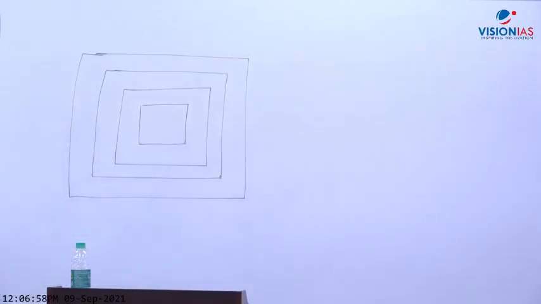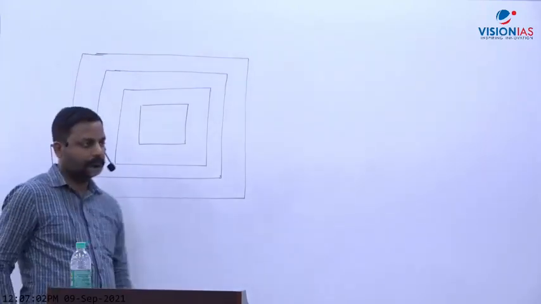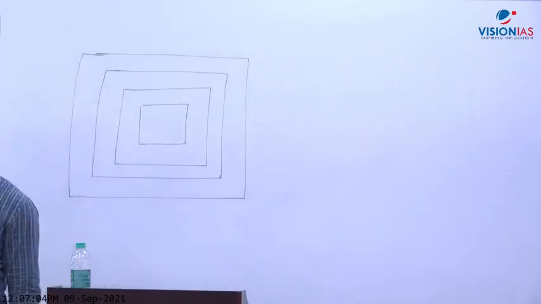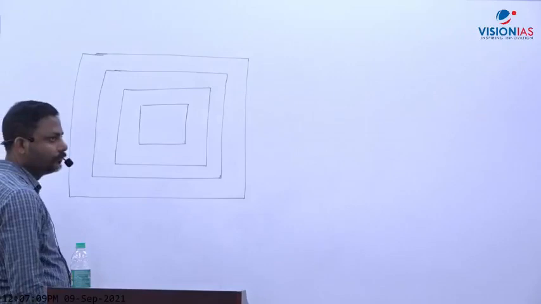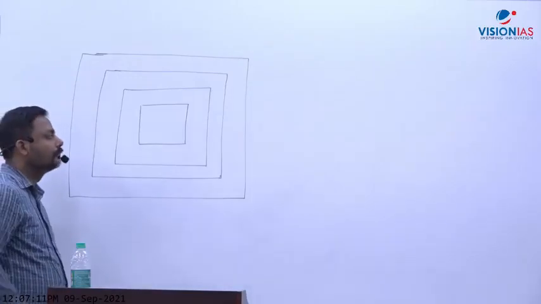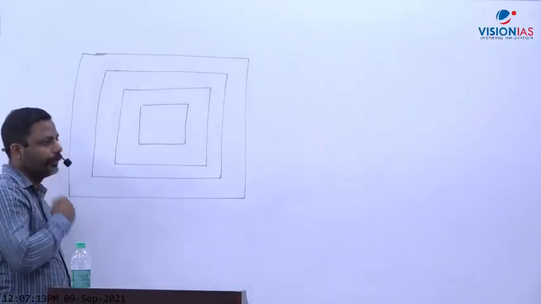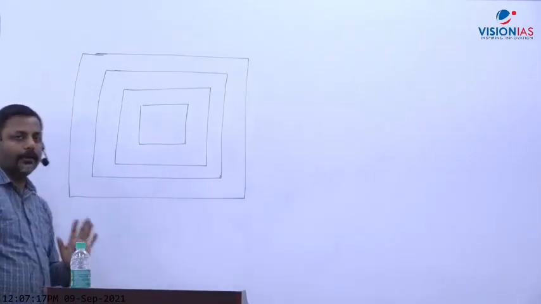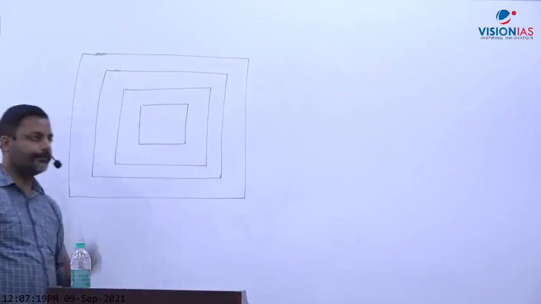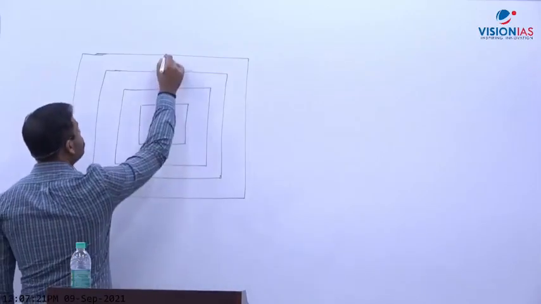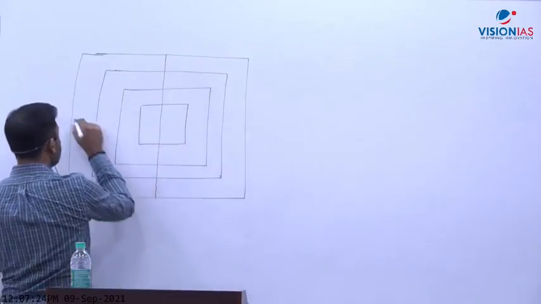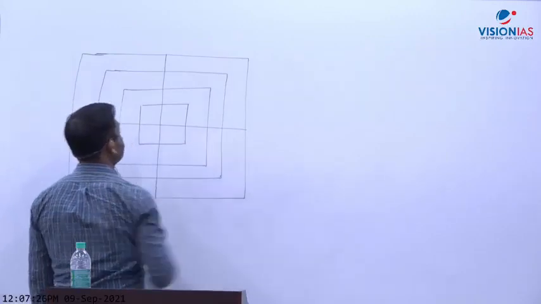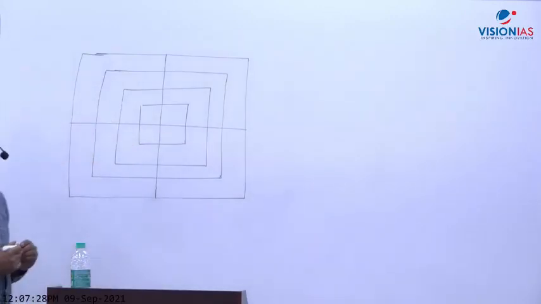Number of squares in this figure? Four, yes. 1, 2, 3 and 4. There are only 4 squares in this figure. Now how many squares are there in this figure?